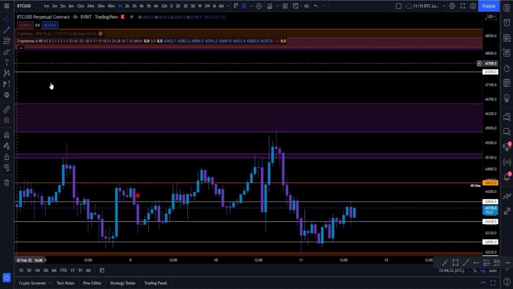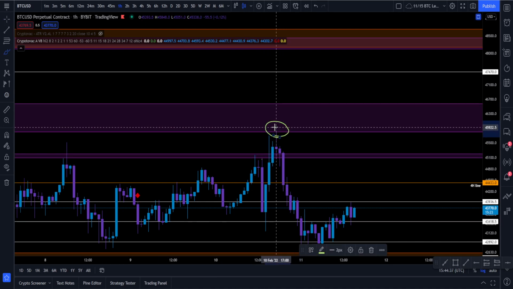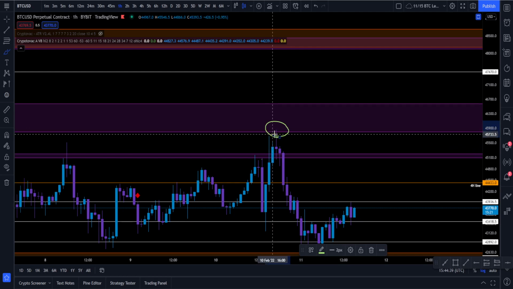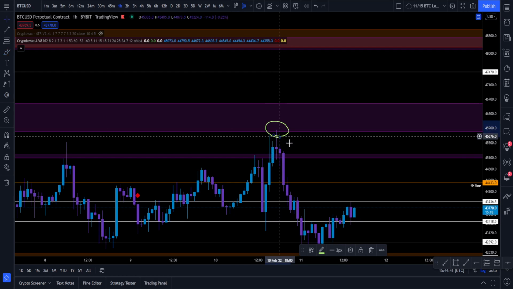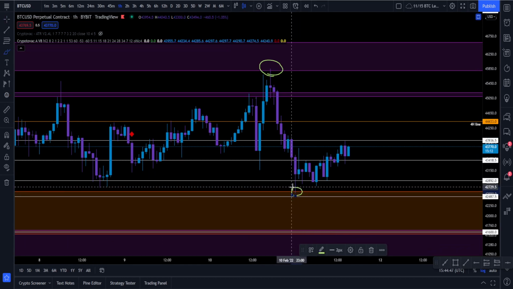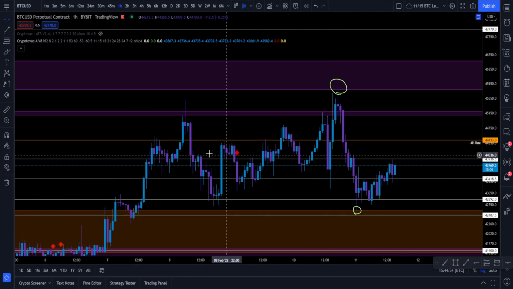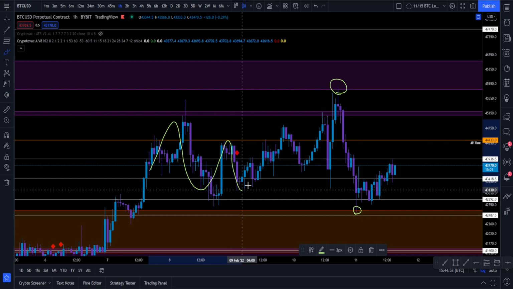I took this trade up here, right there, off that wick, right into that Cryptovac A line. And I took this long down here, right off that wick, down into that Cryptovac A daily line. Now, this whole price action over here, I was sitting out.